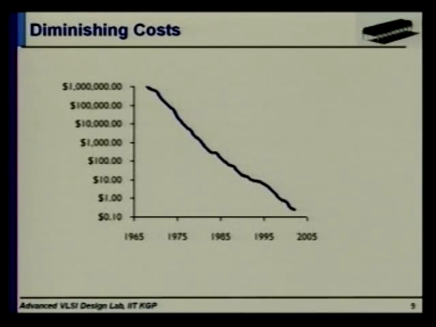Okay, that's the cost per million transistors. Now, have you heard of anything else whose cost goes down? Apples, oranges, vegetables, right? This is the only thing whose cost goes down in the world, believe me.